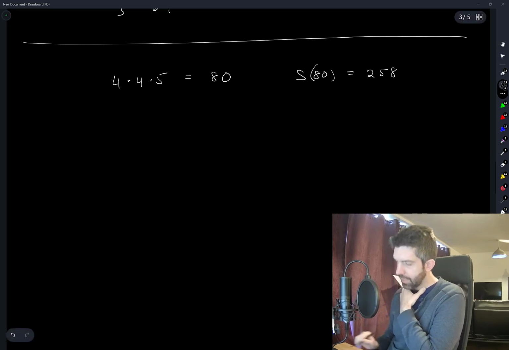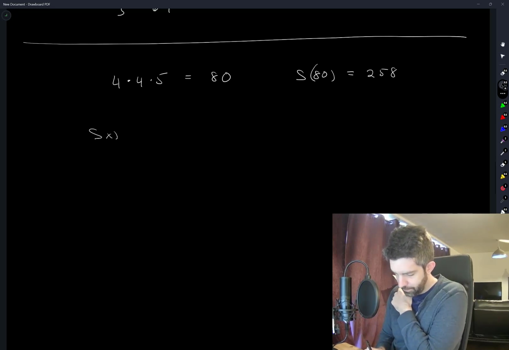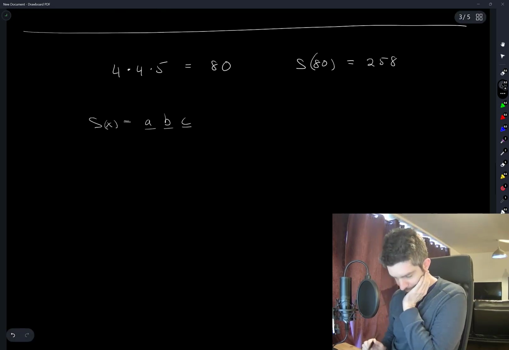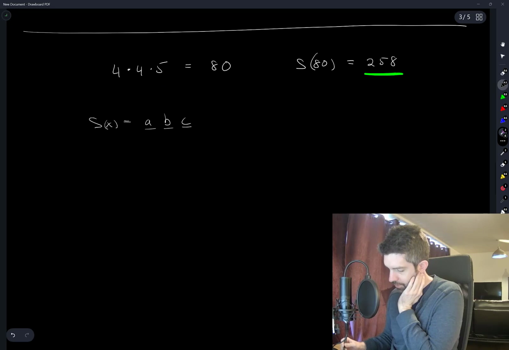So let's stick with 3-digit numbers. Let's assume that S of x is a 3-digit number, and try and make this as large as possible. So 4 times 4 times 5 doesn't work because it ends up being not in the range of the function s.